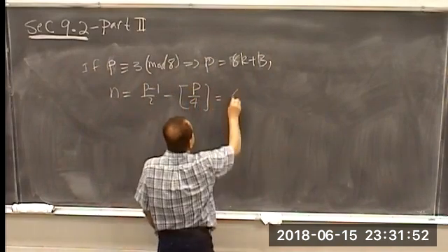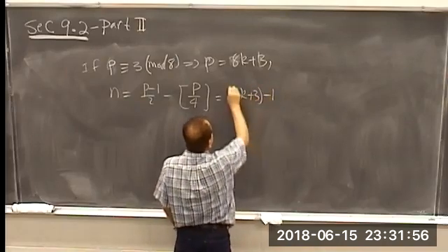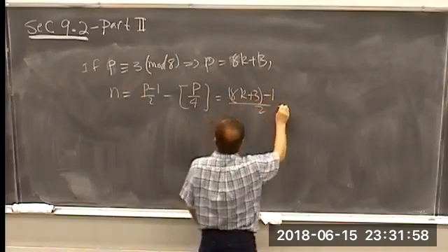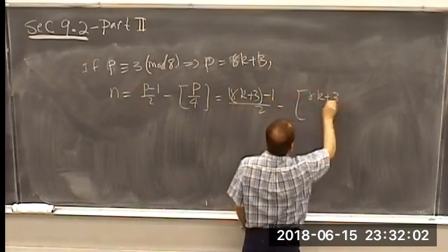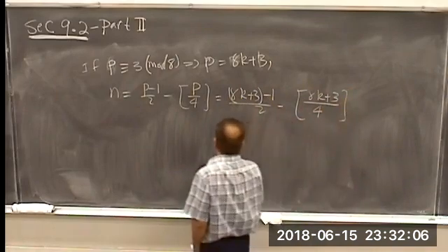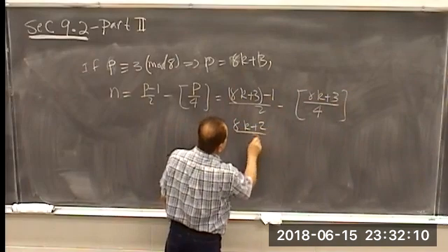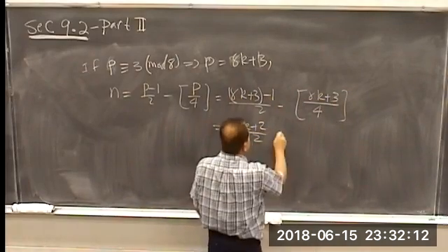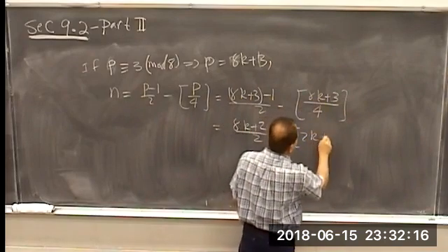So (8k plus 3 minus 1)/2 minus (8k plus 3)/4. Okay, so this is equal to (8k plus 2)/2, and the bracket is going to be 2k plus 3/4.